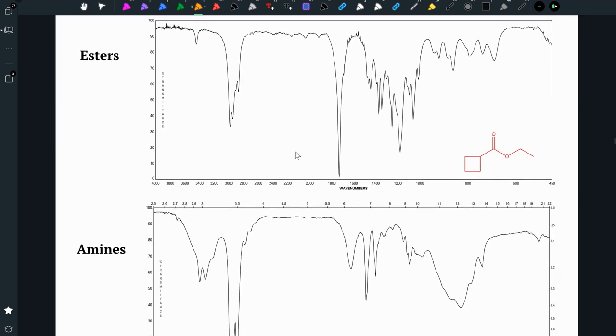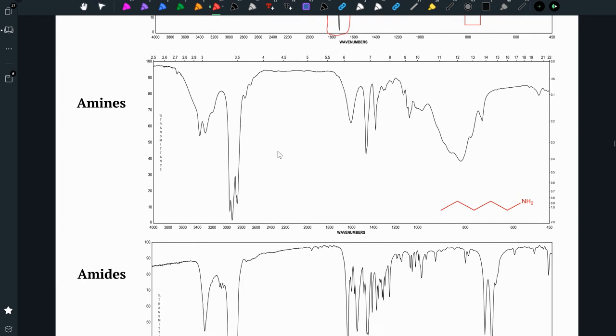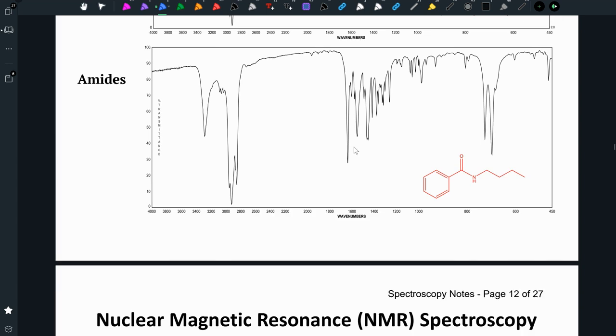A couple more examples of molecules. Here I've got another carbonyl. Here I've got an amine, so it's got that NH2 peak with the two bumps. And then an example with an amide.